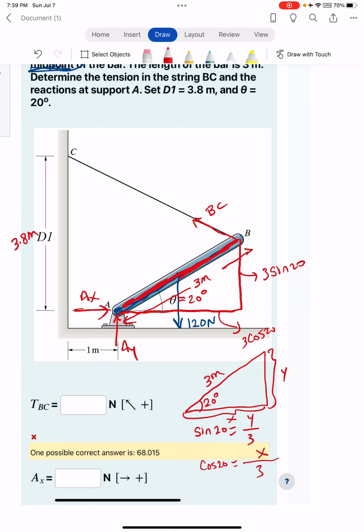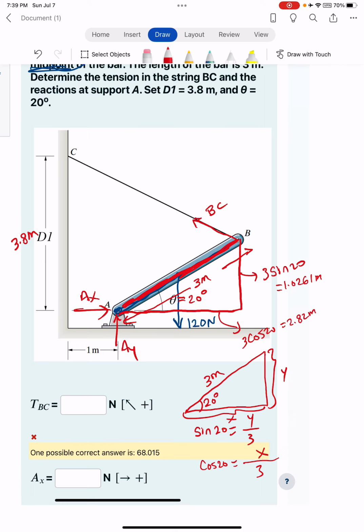Sine 20 first, times 3. This is here 1.0261 meters. And let's look at the cosine 20 times 3, and that is 2.82 meters. So now we have the slopes of AB.